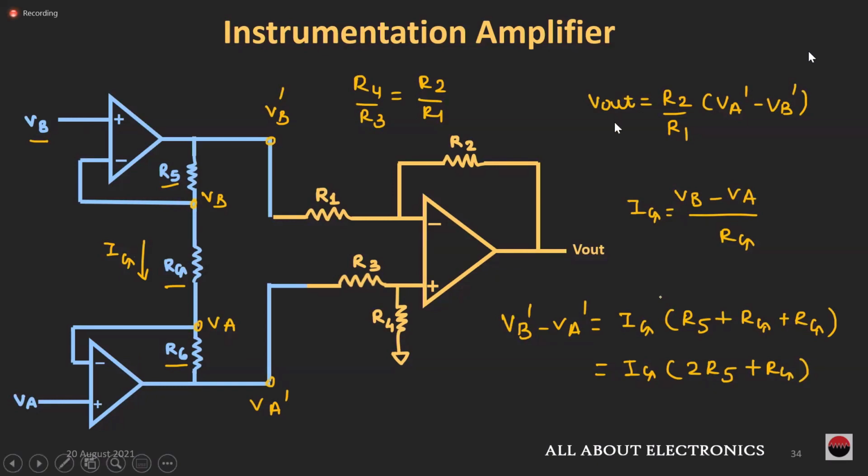And V out is equal to R2 by R1 into VA dash minus VB dash.